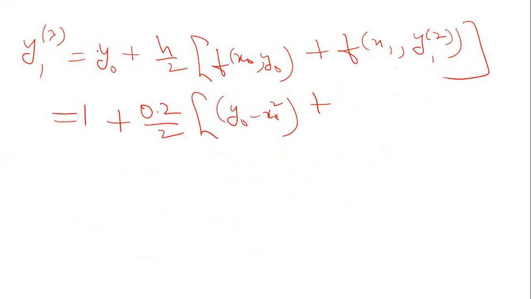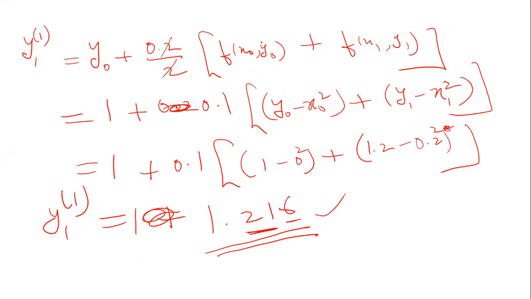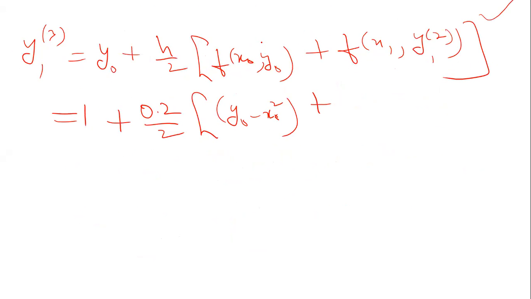So for the third iteration, the formula will be something like this from the modified Euler formula: f(x0, y0) plus f(x1, y1) from the second iteration. By looking at this functional form, f(x, y) is y minus x squared. So we will simply write from here: y1 from the second iteration minus x1 squared.